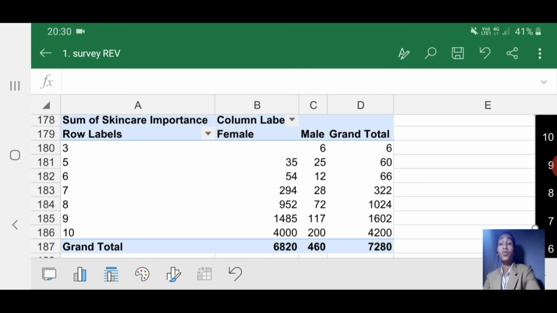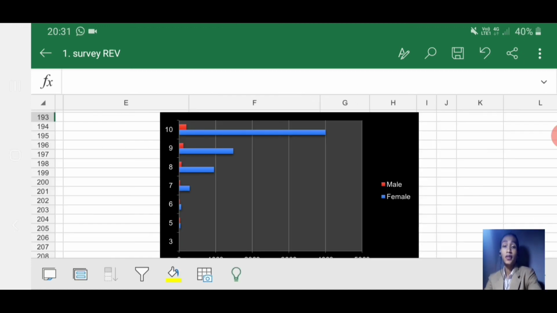Let's take a look at the data visualization of our table, a bar chart by gender. There is a female with the dominant answer, of course, and male with fewer answers, but slightly toward the importance scale. So by this chart we can conclude that the respondents think skincare is important to their skin.